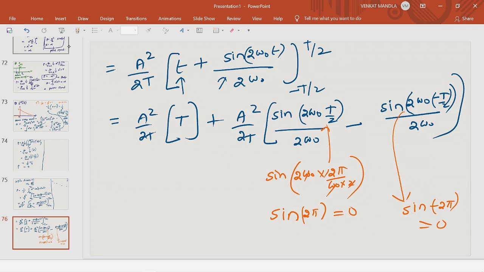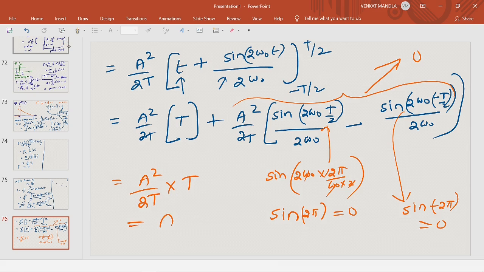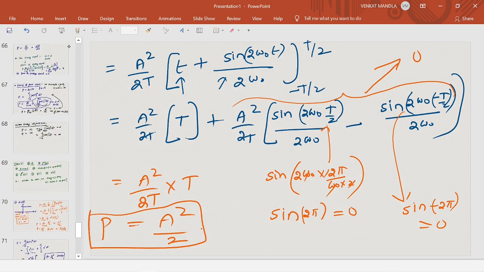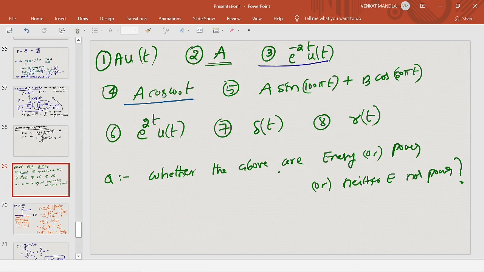So this entire term is 0, and we have only a square by 2T into T, which is a square by 2. This is the power of a cos omega naught t, or a sin omega naught t, for both cases. So for a cos omega naught t the power is a square by 2, and for a sin omega naught t also a square by 2.